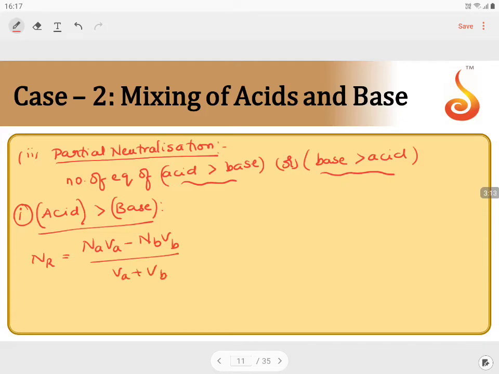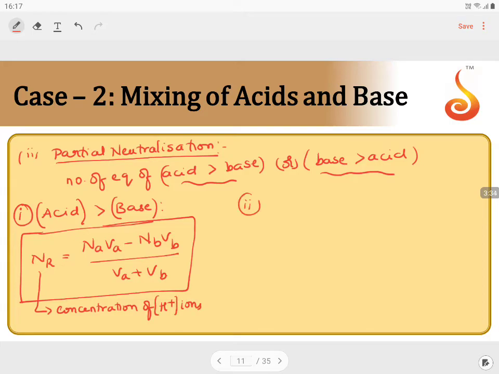This is the formula when the number of equivalents of acid is greater than the number of equivalents of base, and the resultant normality represents the concentration of H plus ions.